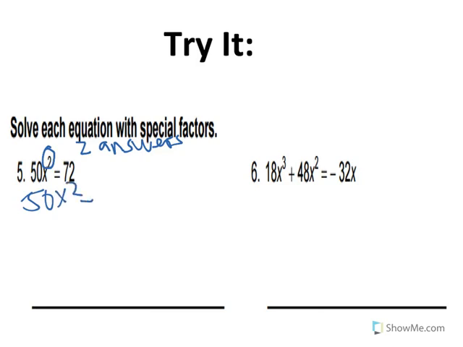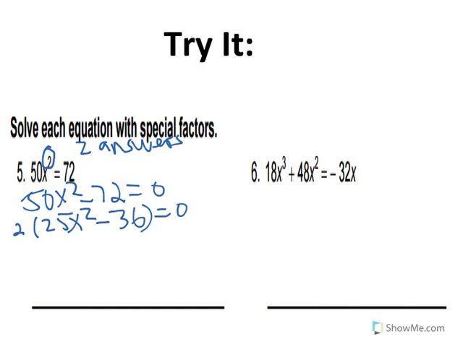Right? So this gives us 50x squared minus 72 equal to 0. Since 50 and 72 both are even numbers, we can factor out 2. So this gives us 25x squared minus 36 equal to 0.